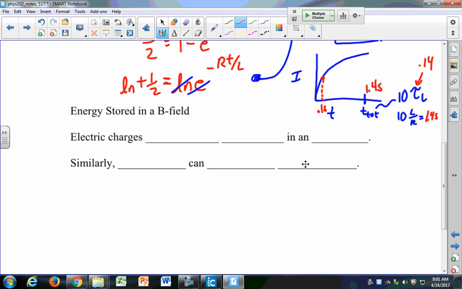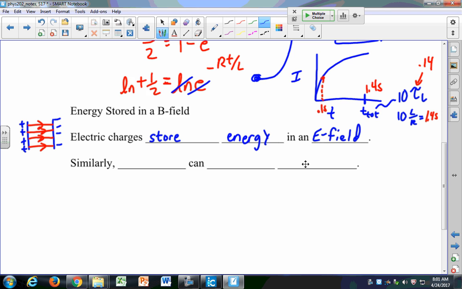So electric charges store energy in an electric field. We've sort of seen this, right? When you think about positive charges over here and negative charges over here, say in a capacitor, that's what a capacitor is, there is an electric field that goes between them, and there's energy in that electric field.